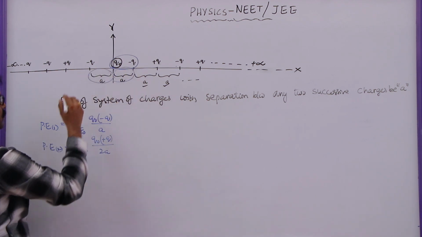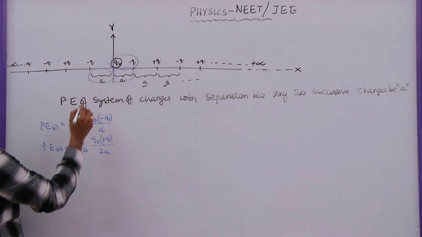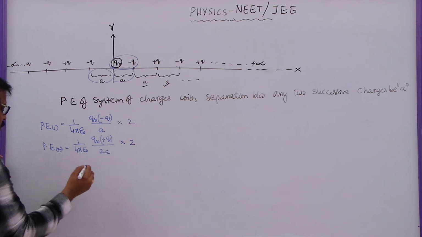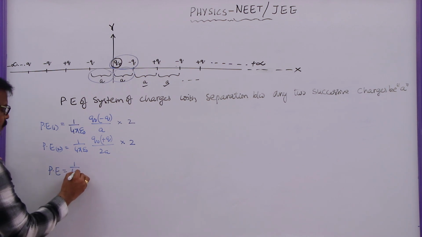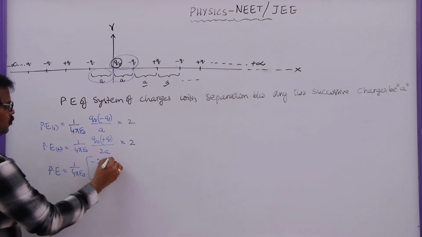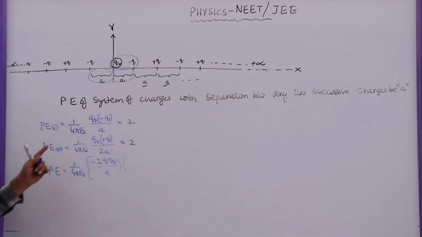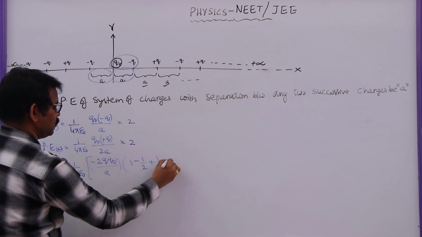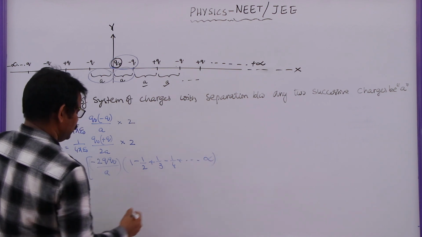Now between these two, like this, if we continue, for each and every pair on the right side, we have a pair on the left side. That's why the potential energy of the first pair on both sides is given by into 2. This is also 2. So if you continue like this, the total potential energy of the system is given by 1 by 4 pi epsilon naught minus 2 q naught by a into the remaining terms, 1 minus 1 by 2 plus 1 by 3 minus 1 by 4 up to infinity.